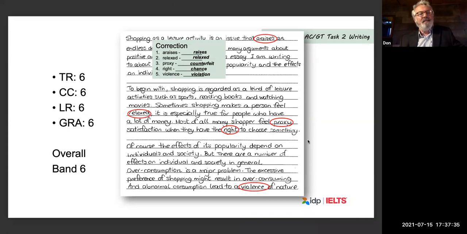Here are the corrected words: not erases, raises; not relaxes, relaxed; not proxy satisfaction, but probably counterfeit or maybe false satisfaction. Not the right to choose, but the chance to choose is what this person means to say. And you don't talk about violence of nature, but the violation of nature. These words would improve this essay. This essay would get more like a band 7 or 8 with those corrections.